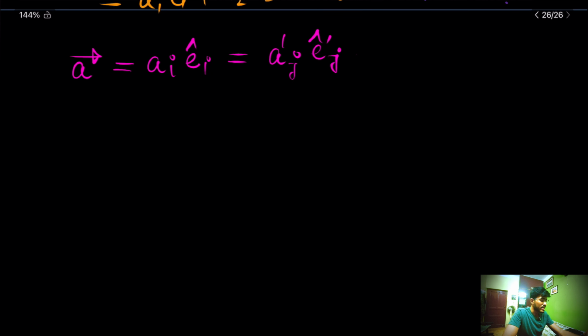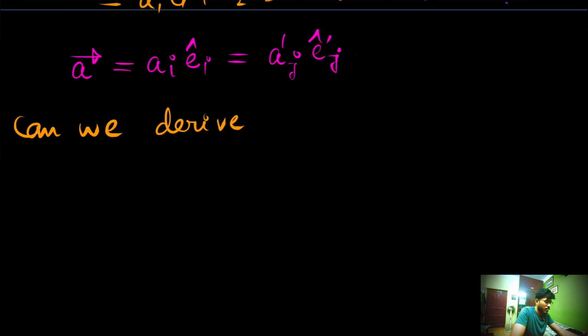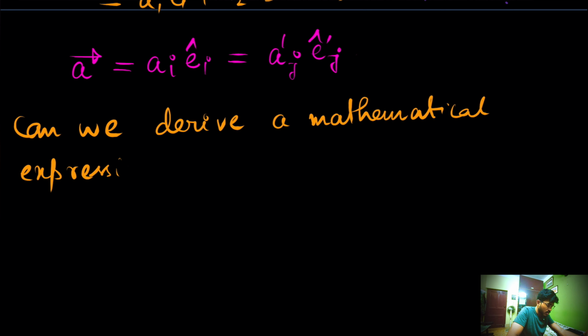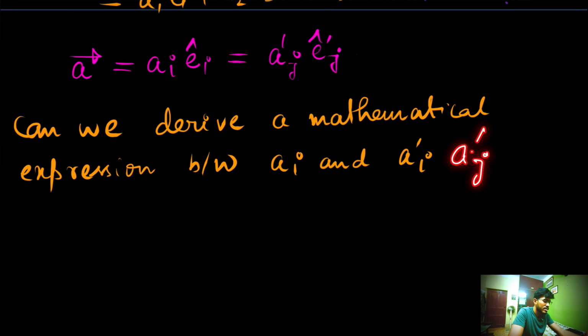Now my next question is, can we derive a mathematical expression between ai and ai dash, obviously it should be ai dash, not aj dash, sorry. Why is it not aj dash?